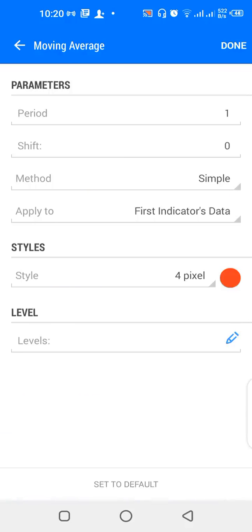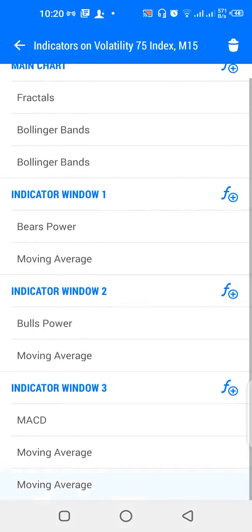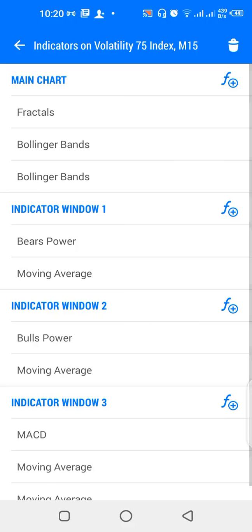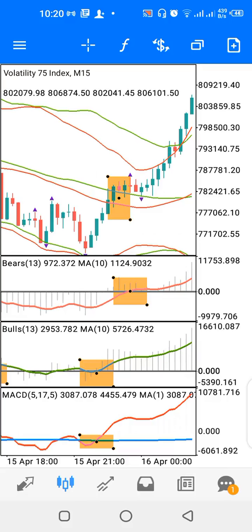Period is 1, shift is 0. Method is simple. Apply to first indicator's data, color is red. And then we have another one, 200 period, shift is 0. Method is simple. Apply to previous indicator's data and the color is blue. So that's it for all the parameters.